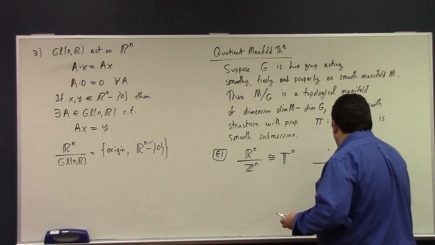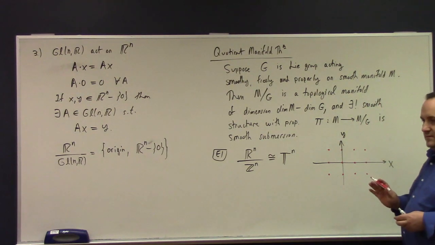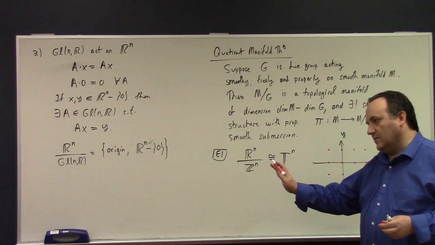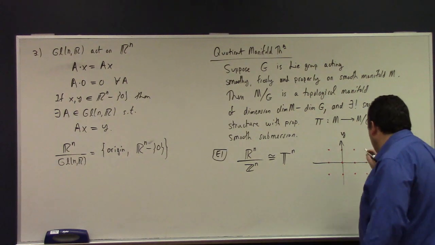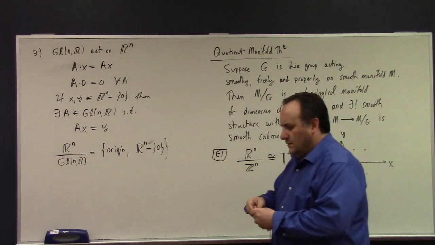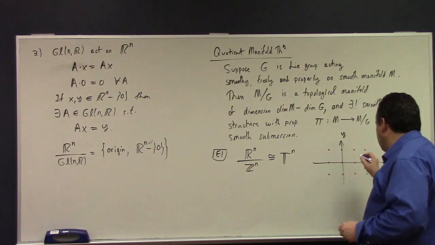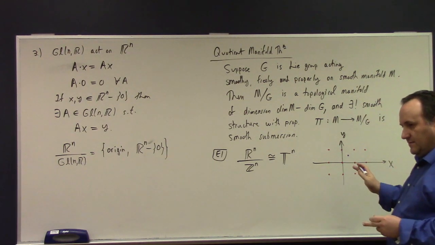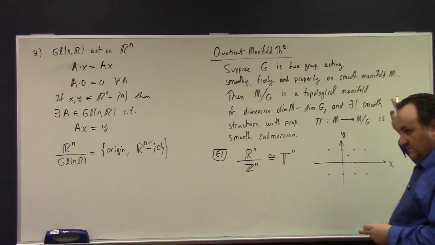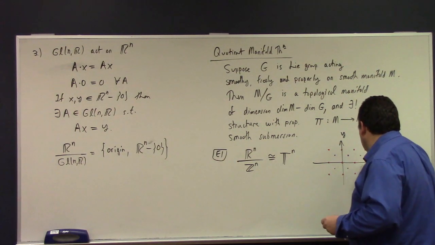So the thing is, an orbit of a point under the integer lattice addition, right? If I take, for instance, this point right here, then the orbit of that point is a whole grid of points, like this, and this, and this, and this.